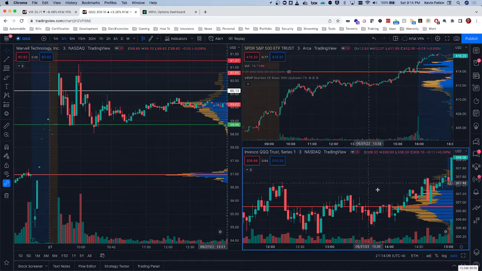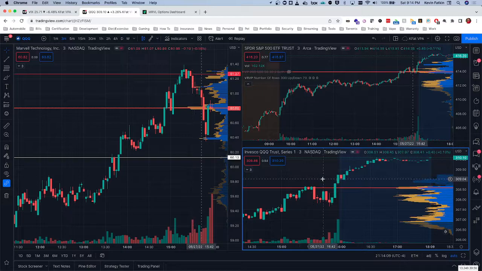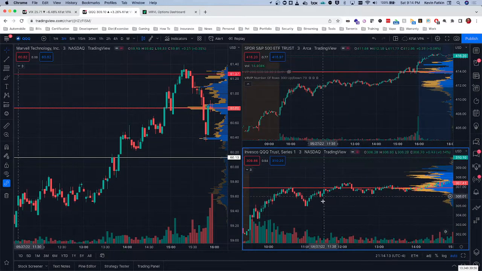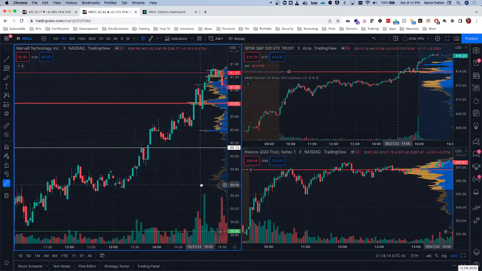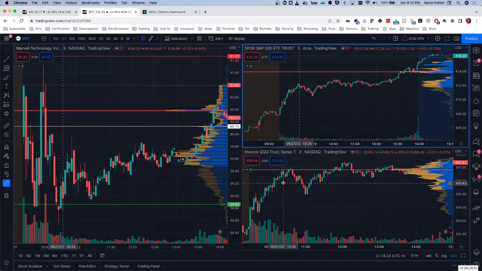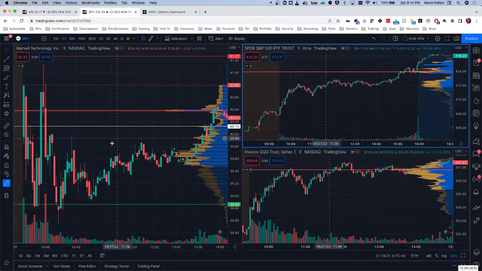Now you can see these tickers act as extra confirmation. When we're seeing this level hold right here, and we're seeing that SPY and QQQ overall have been bullish, we're not really concerned if it's going to get stuck at a level. We're looking at it in general to see if it's bullish, and you can see it's been moving up.